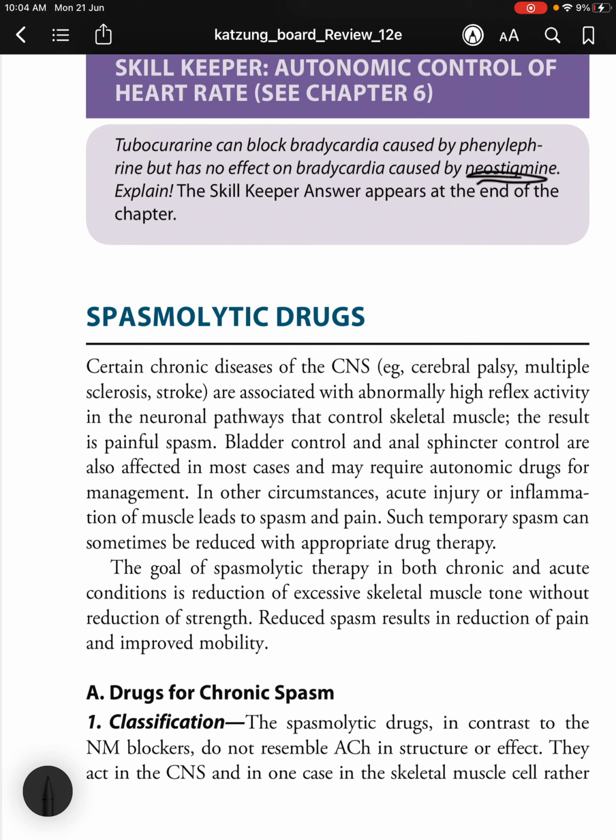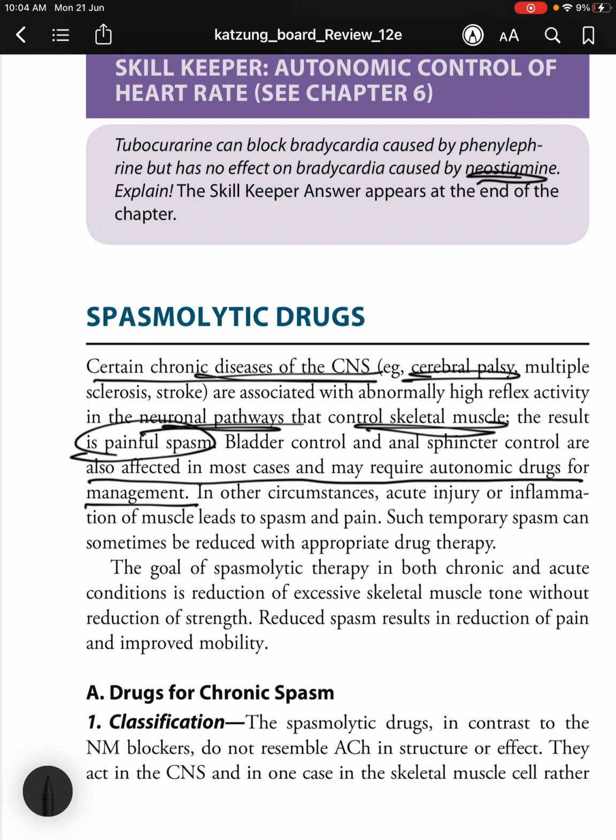Coming to the second category, spasmolytic drugs. Certain chronic diseases of the CNS such as cerebral palsy or multiple sclerosis or stroke are associated with abnormally high reflex activity in the neuronal pathways that control skeletal muscle. The result is a painful spasm. Bladder control and anal sphincter control are also affected in most cases and may require autonomic drugs for management.